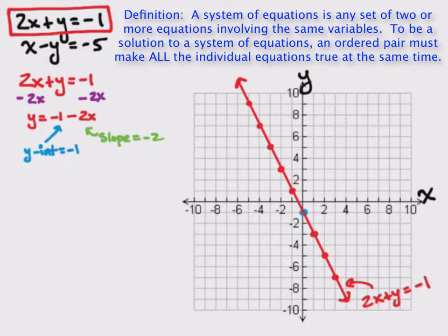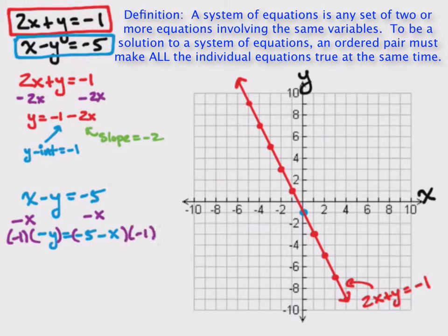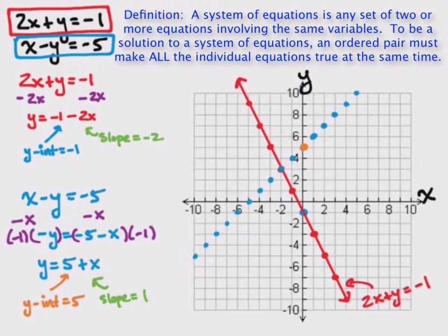All right, so this graph in red represents all the solutions to that first equation, 2x + y = -1. Now we know how to represent all the ordered pairs that are solutions to the second equation. That's also just going to be a line. So let's go ahead and graph it. All right, so this graph in blue represents all of the solutions to this equation.